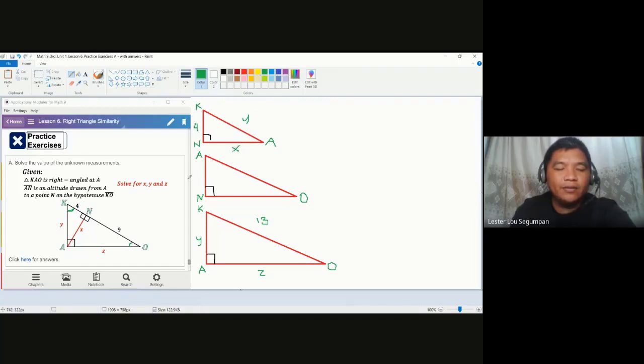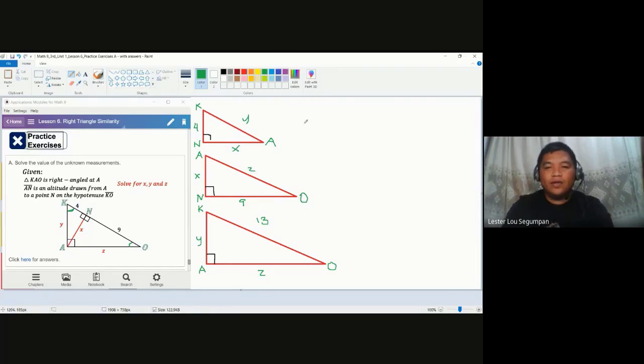And for the middle one, or the medium size, you have NA or AN is X, and then you have NO, which is 9, and AO, which is Z. Right? Next thing here is which to be paired.